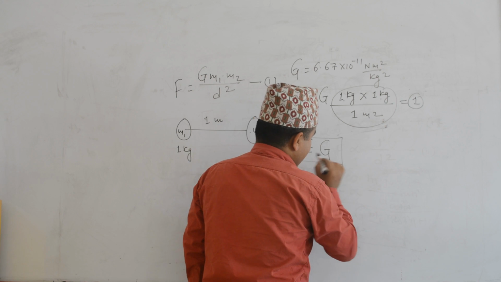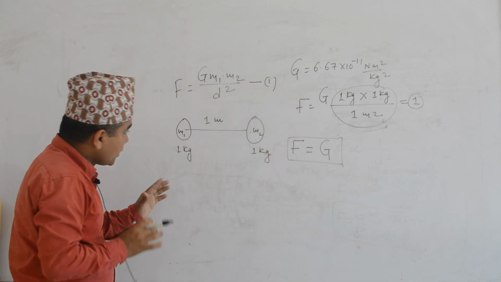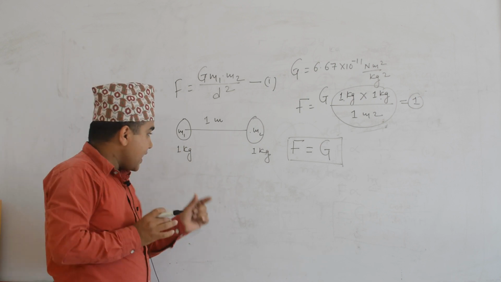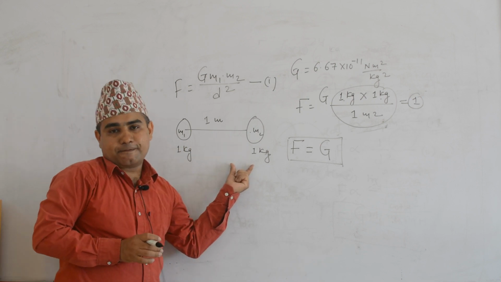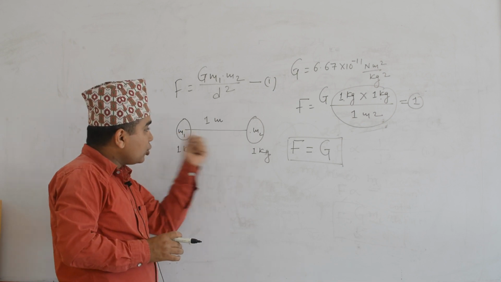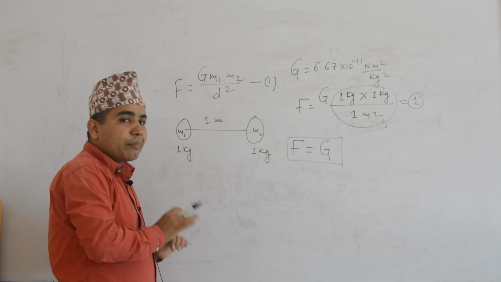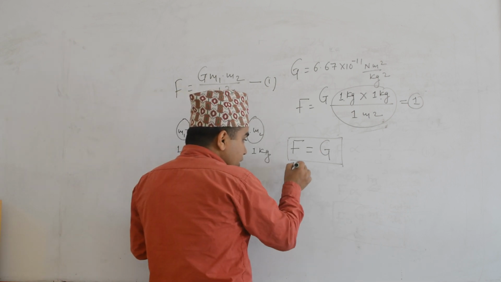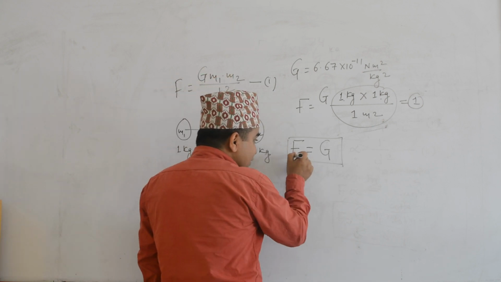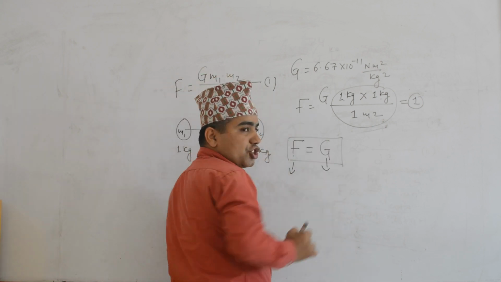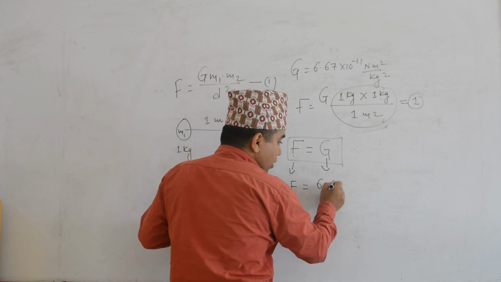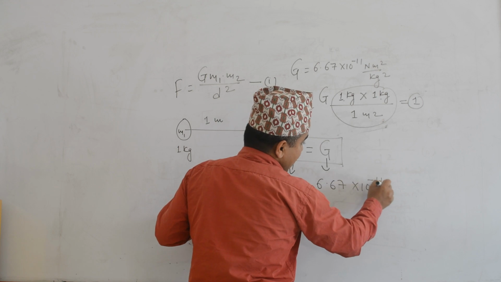So what does it signify? It means that if I am able to calculate the force of attraction between two 1 kg masses when they are 1 meter apart, then whatever the value of force I compute, that value will be equal to capital G. So numerically in this situation, F will be equal to 6.67 into 10 to the power minus 11 Newton.